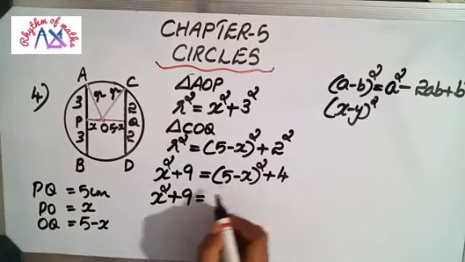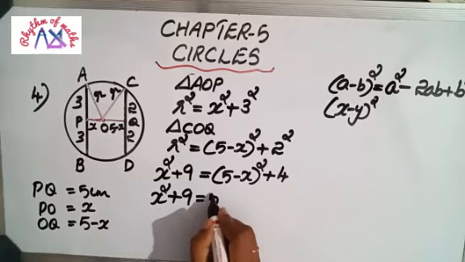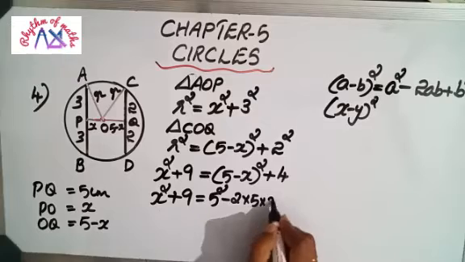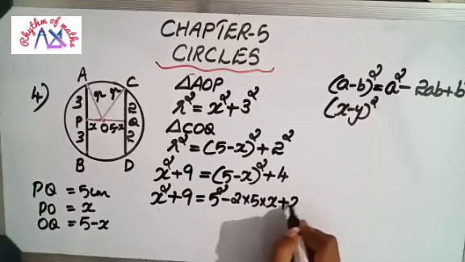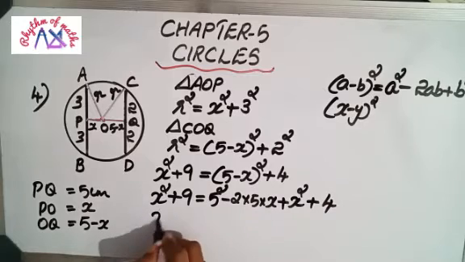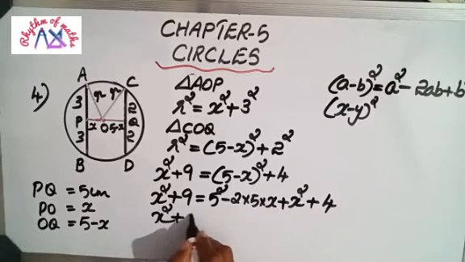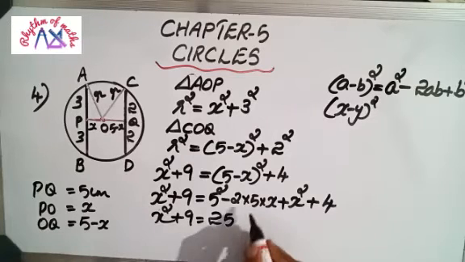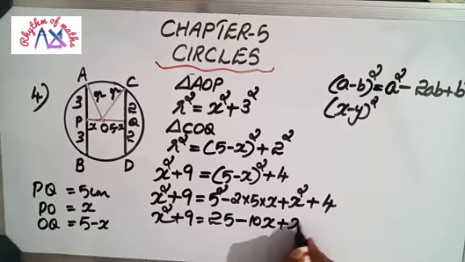The expansion will be 5 square minus 2 into 5 into x plus x square, plus this 4. That is x square plus 9 equals 5 square, which is 25, minus 10x plus x square plus 4.